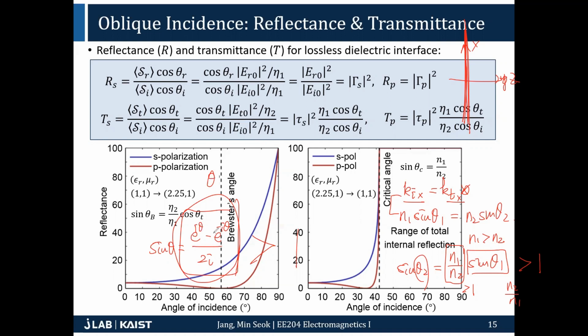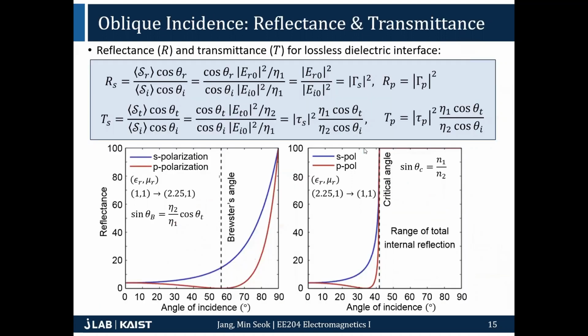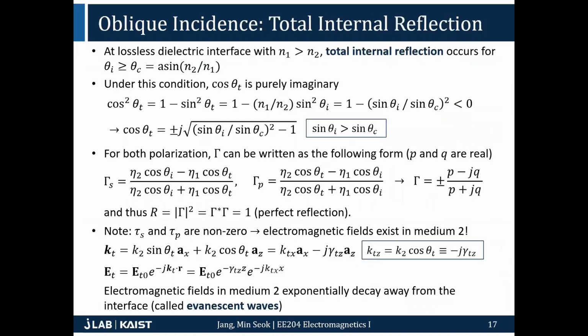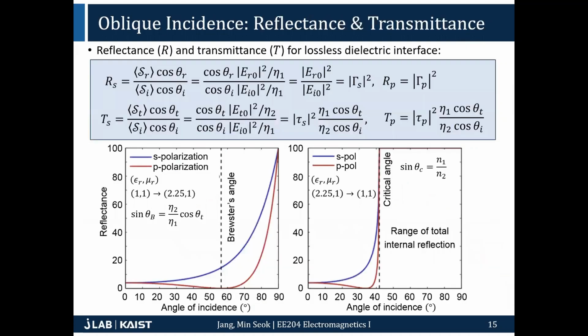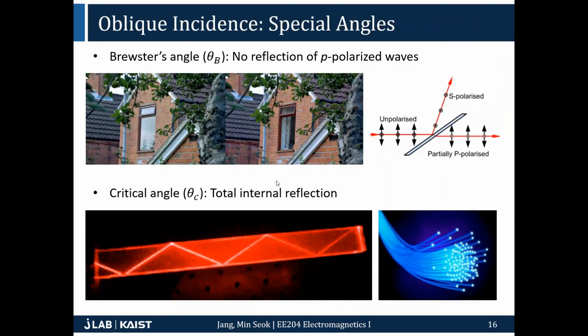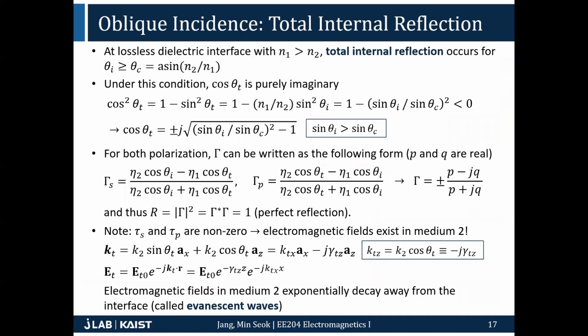I forgot about this slide, but let's talk about this first and then go back. So when total internal reflection occurs, which means n1 is larger than n2, theta i and theta t satisfy this form.